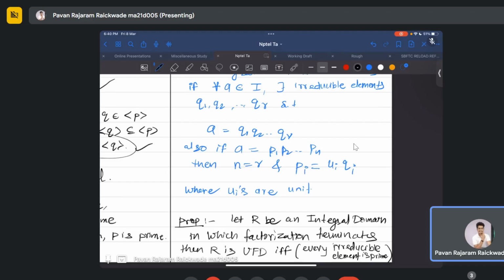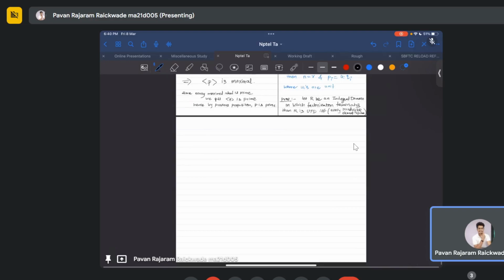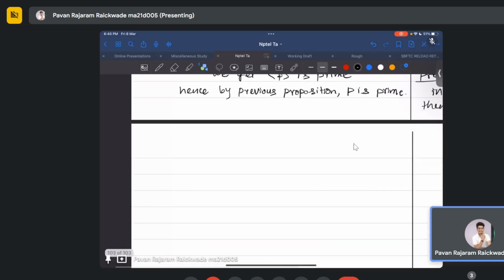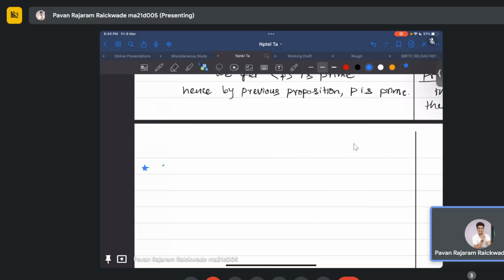Okay, this is a very important proposition because now we can directly judge which of the very famous integral domains are UFD or not. As you already know, in Noetherian rings, factorization terminates.